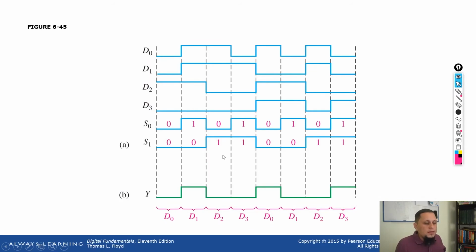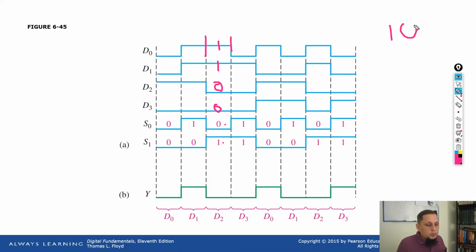Okay, and this is how you read the output in relation to the input when your input is in a digital waveform. Again, we focus on a single clock cycle. Let's say we select this clock cycle here. In this case, D0 is 1, D1 is 1, D2 is 0, D3 is 0, and the bit selector is 1 0.